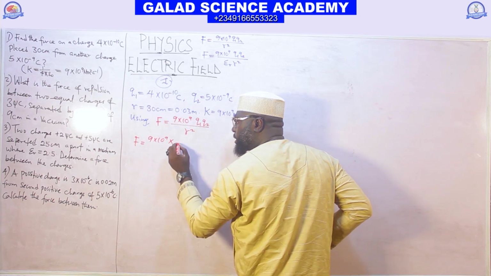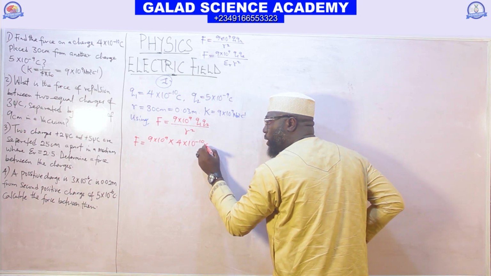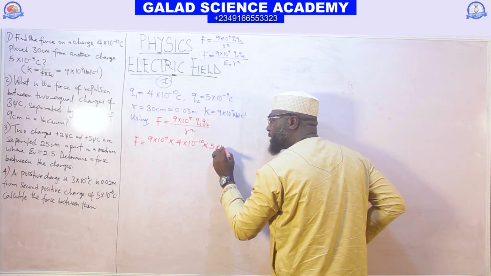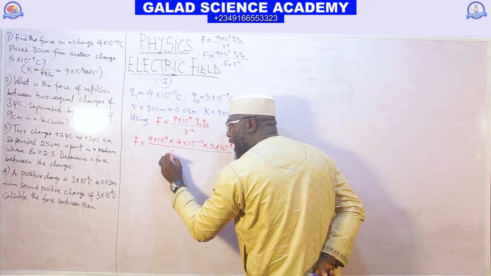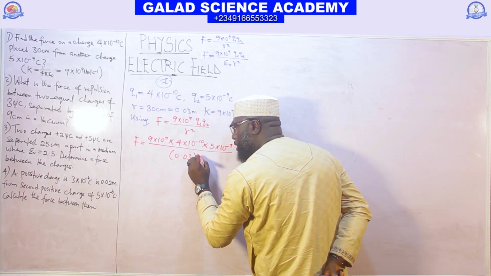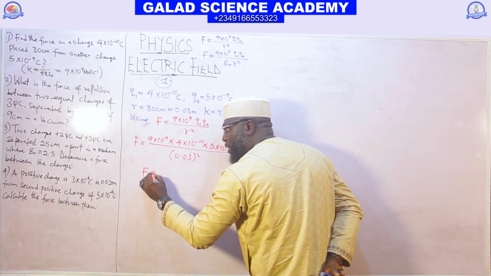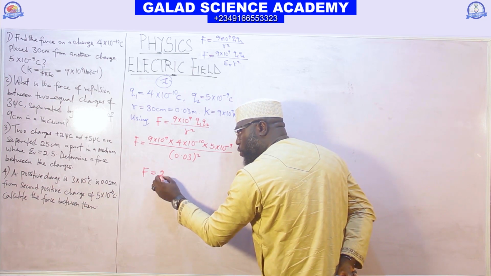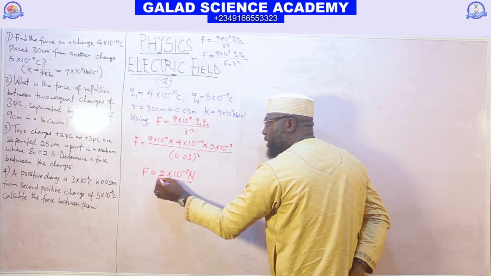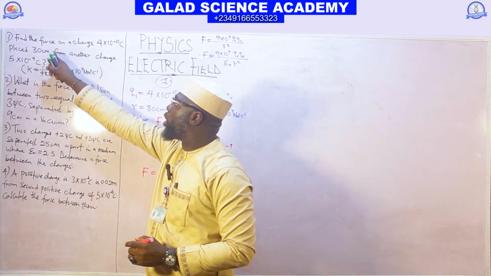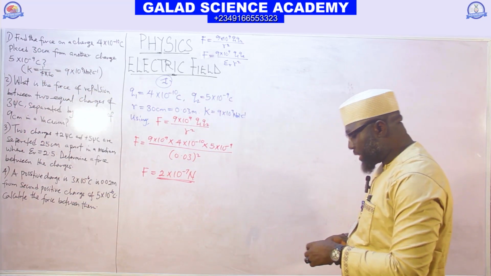My first charge is 4 multiplied by 10 raised to power minus 10, multiplied by 5 times 10 raised to power minus 9, everything over R, which is 0.03 square. By pressing the calculator, the final answer for F is 2 multiplied by 10 raised to power minus 7 Newton. So this is the force F we are asked to find in question 1.